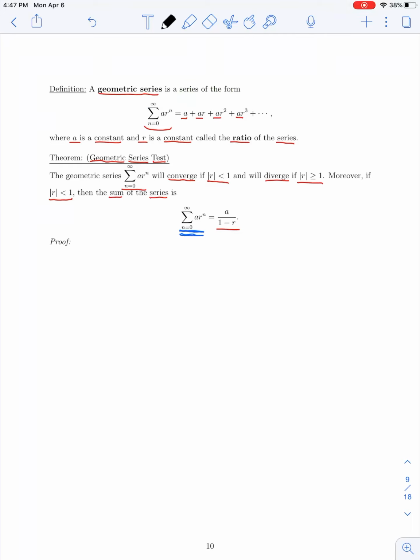When we're trying to determine convergence or divergence of an infinite series, we want to look at the sequence of partial sums. So let S_n be the sequence of partial sums.